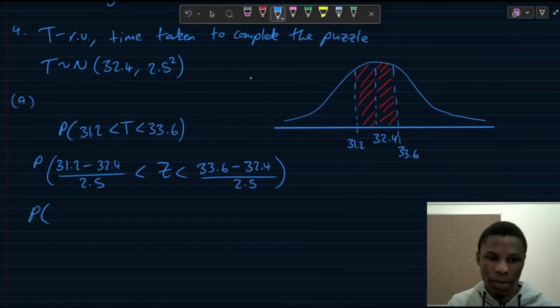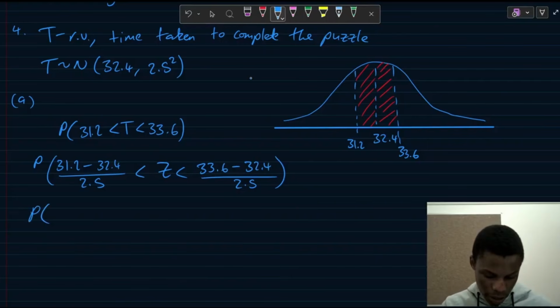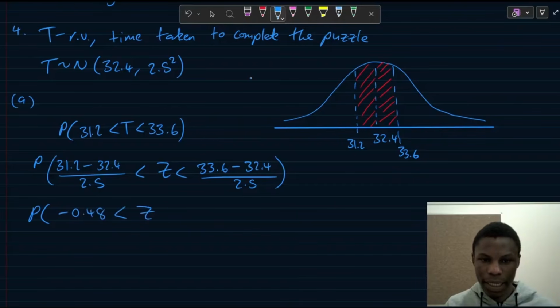And so that's the probability of, let's punch that into the calculator, 31.2 minus 32.4 over 2.5, which is negative 0.48, is less than Z. Do the same for 33.6 and we get positive 0.48.